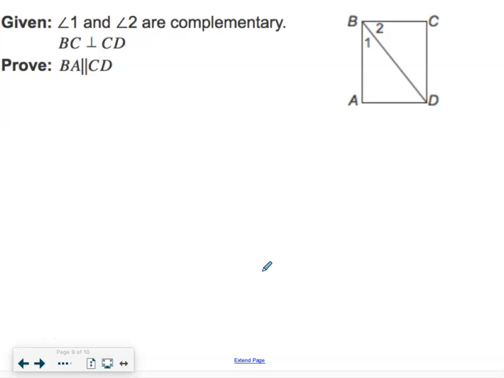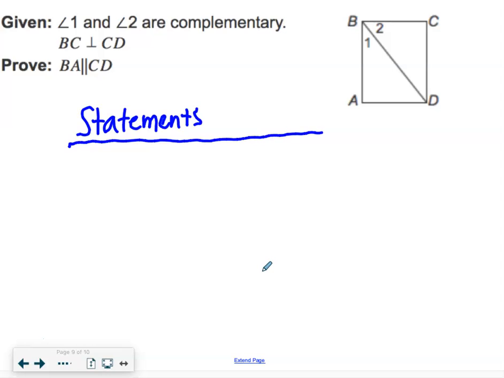Okay, one more. So we have 2 givens here. Angle 1 and 2 are complementary. What does complementary mean? They equal 90.